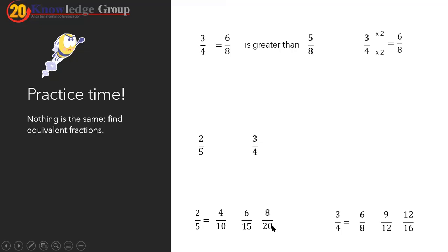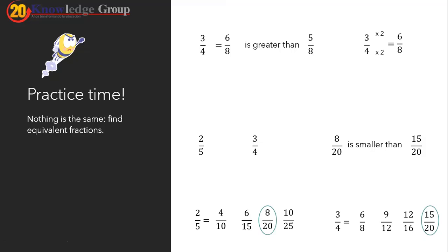By 4, not yet. By 5, oh, I got a 20 here and a 20 here. So I think I found my equivalent fractions that I can use to compare these two. So 2/5 becomes 8/20 and 3/4 becomes 15/20. And I can compare and I say 8 out of 20 is smaller than 15 out of 20.